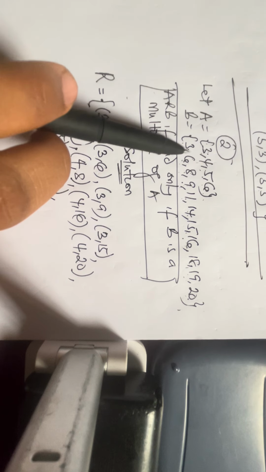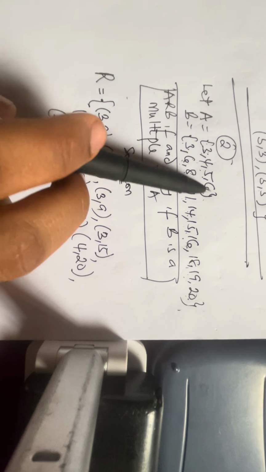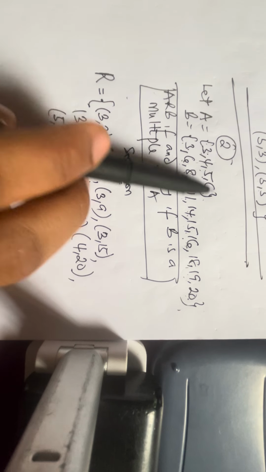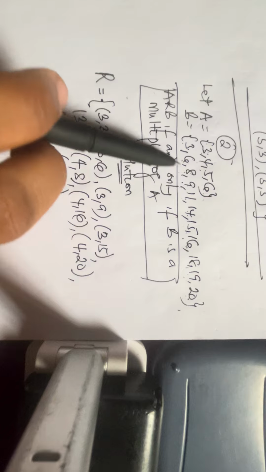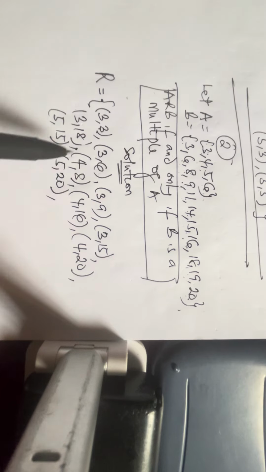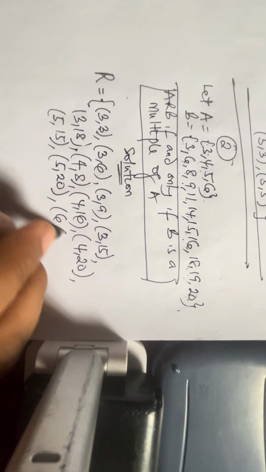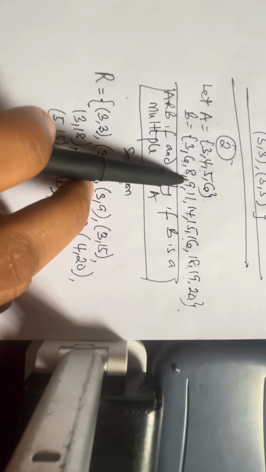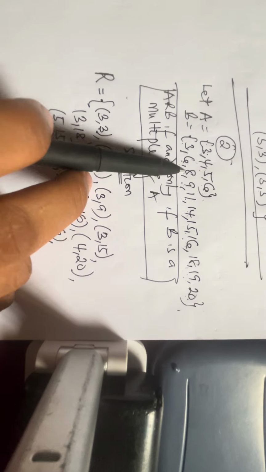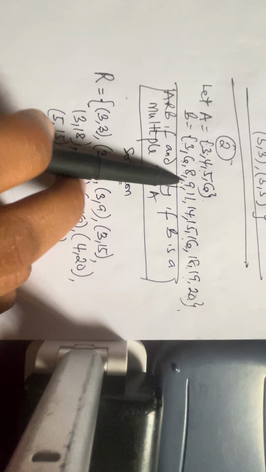Let's go to 6. Can 3 divide 6 without a remainder? No. 3 over 6 is 1 over 2, that is 0.5. 6 can divide itself, so 6 comma 6. Can 8 divide 6? No. Can 9 divide 6?